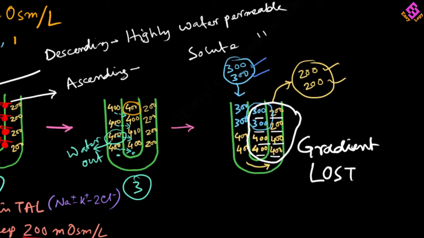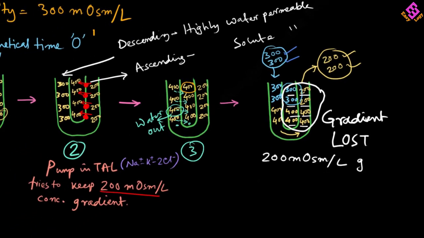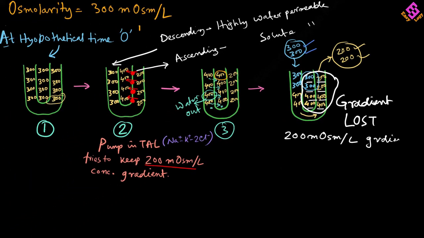Next the pump gets activated. You know, the pump will try to establish 200 milliosmol per liter gradient. So the pump will be now activated and it will actively pump out solute from the thick ascending limb to the interstitium. So in number 4 situation here we found that newly added fluid is there and gradient is lost.